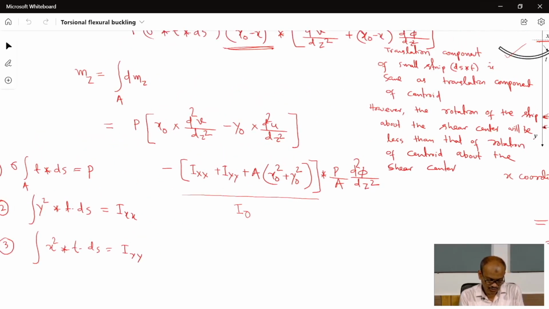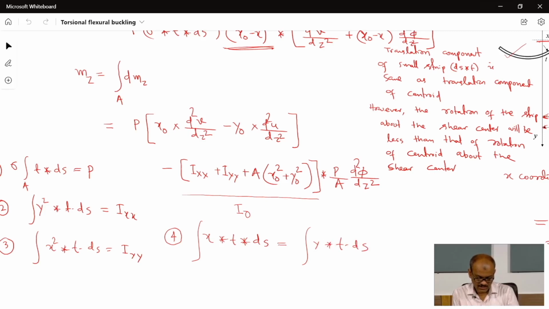Fourth, we have considered integration of x t ds equal to integration of y t ds, integrating throughout the area, and this is equal to 0. This we got because of the CG, because the CG is at 0, 0.